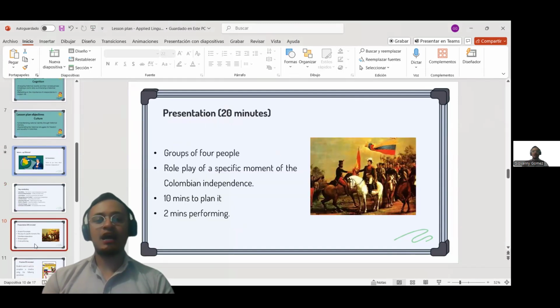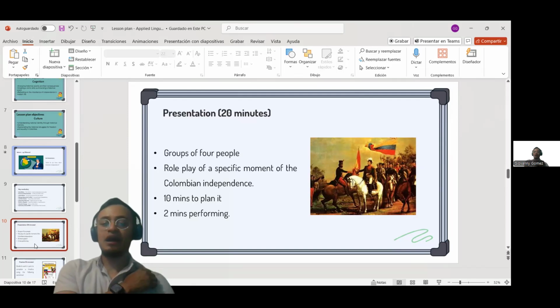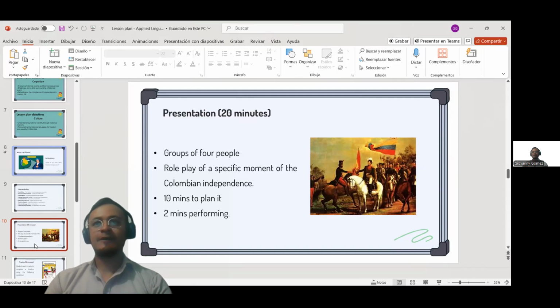Then, in groups of 4 people, you will have 10 minutes to plan a role play of one specific moment, one specific situation of the Colombian independence events that I will give you right now.